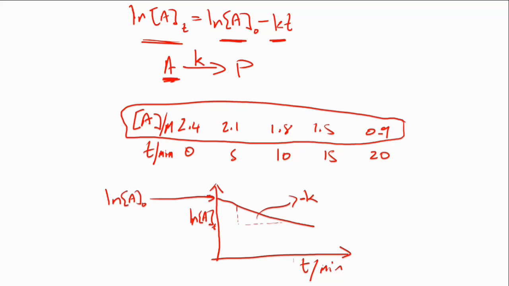Now, of course, when you try to find the slope of such a line, the value that you get will be negative. Let's say the value is negative 0.2. Minus 0.2 is equal to minus k, so clearly, k is equal to 0.2. It's a first order reaction, so the rate constant has units of reciprocal seconds.